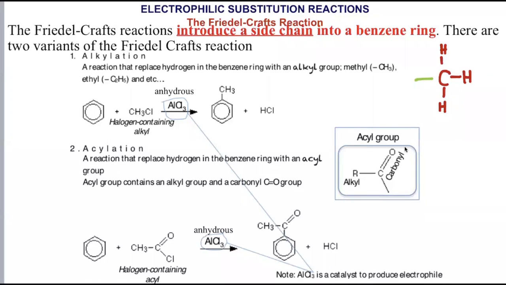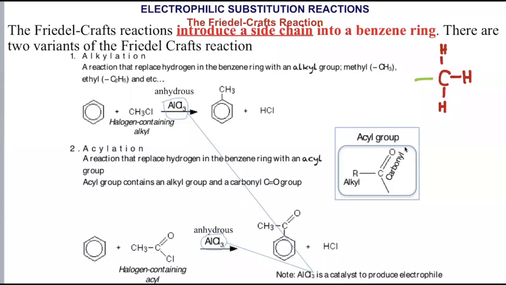So the first reaction, alkylation, is when you want to attach your alkyl group directly onto the ring. So this Friedel-Crafts reaction can introduce a side chain into a benzene ring. This side chain can be alkyl or acyl.